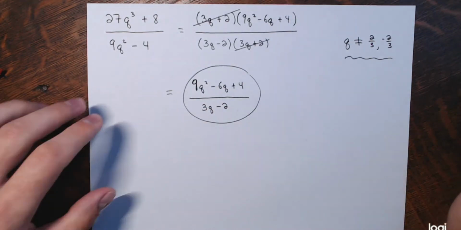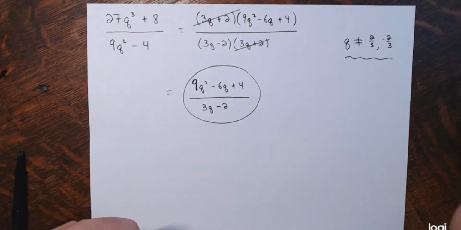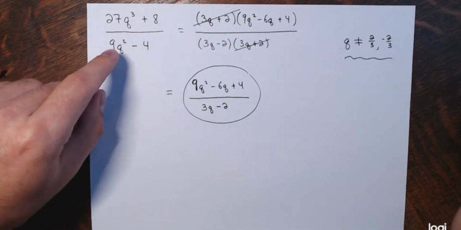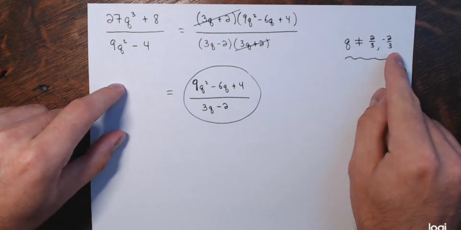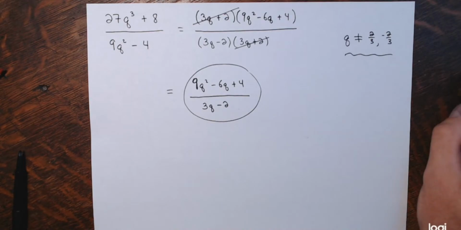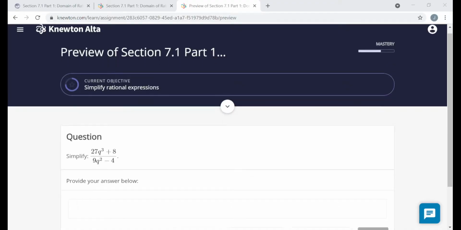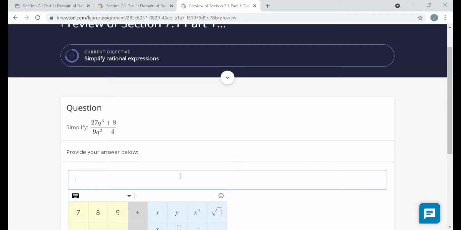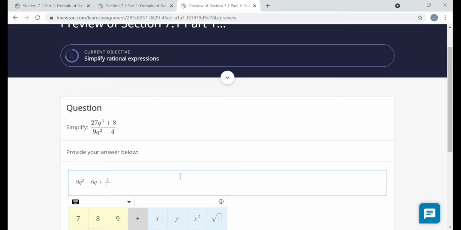And again, if you want to test it out, replace q with any value but 2/3 or -2/3, and the value of the original expression should be the same as the value of this final one. Now let me show you what happens when you don't put parentheses around the numerator. If I just typed in 9q squared minus 6q plus 4, and then I hit the division symbol, see, it only puts that last term in the numerator.